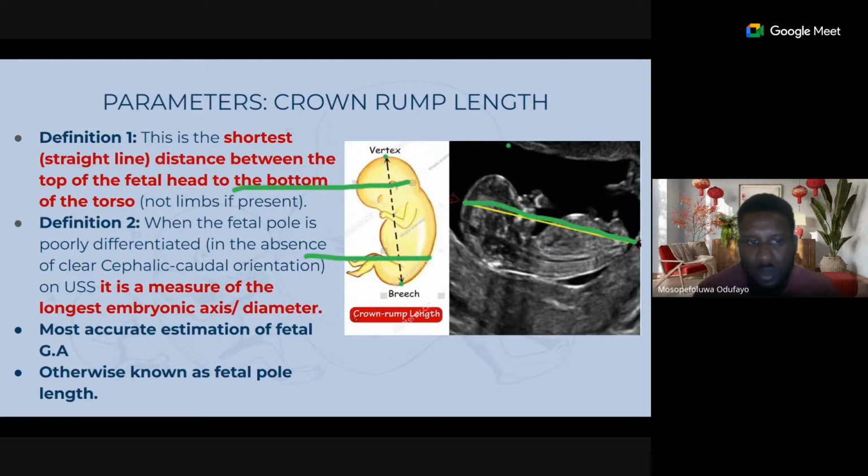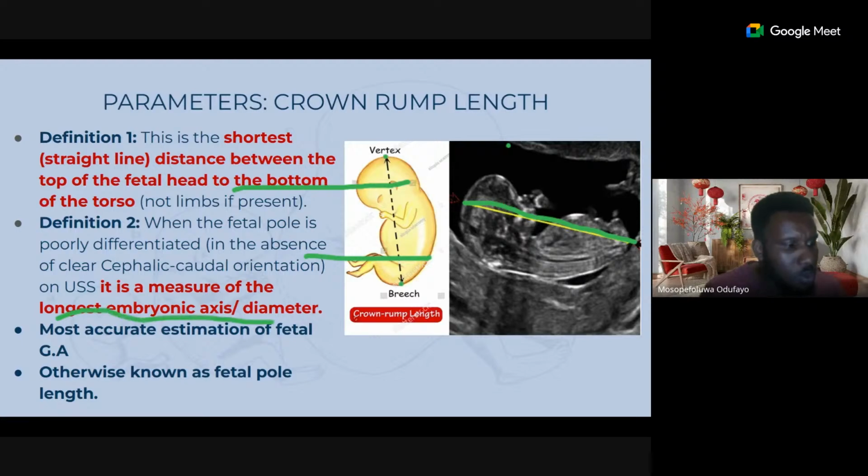We have good cephalocaudal orientation because of differentiation. But in certain parts of the pregnancy, for example, around the 7th week, 8th week, or in fact, even 6 weeks and some days, you can't say where the head is, you can't say where the bum is. But you still got to take a CRL. That's why the next definition of a CRL tells us that when the fetal pole is poorly differentiated, it is a measure of the longest embryonic axis.